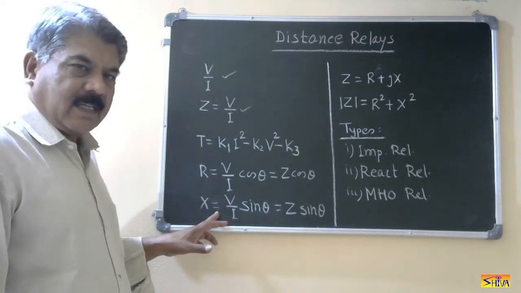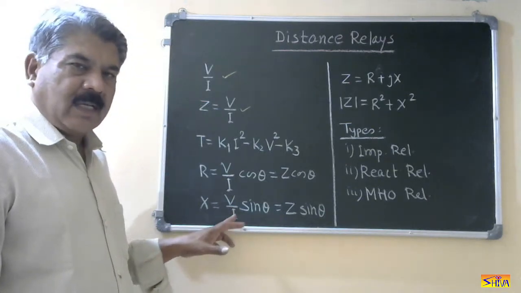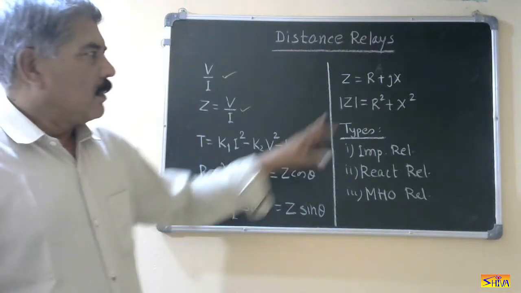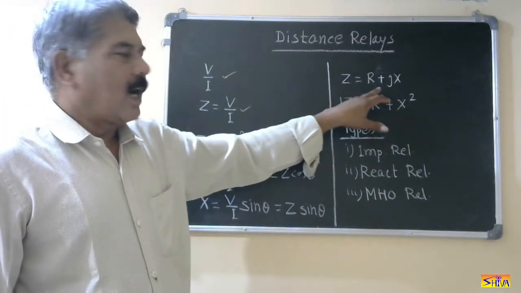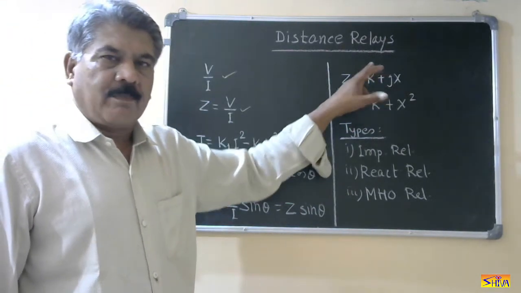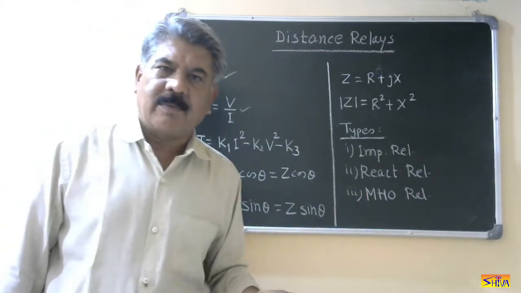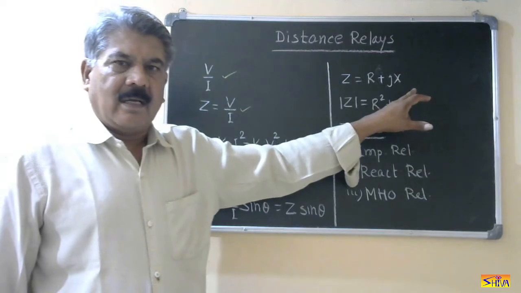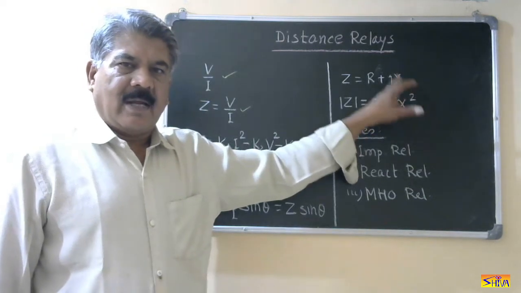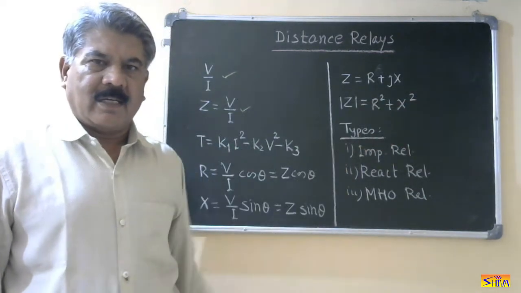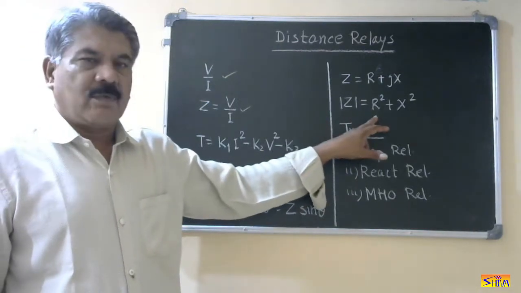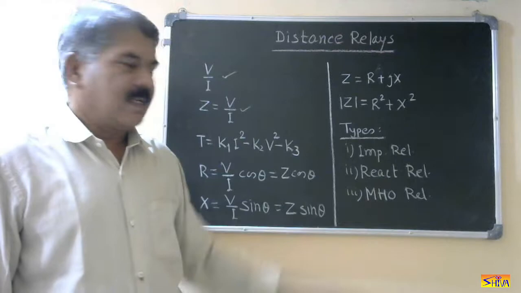And X, that is reactance, is V upon I sin theta, that is Z sin theta. Now Z is R plus jX. We plot the characteristic of distance relay in Rx diagram. R we take along real axis and X along the imaginary axis, that is y axis. And magnitude is square root of R square plus X square.